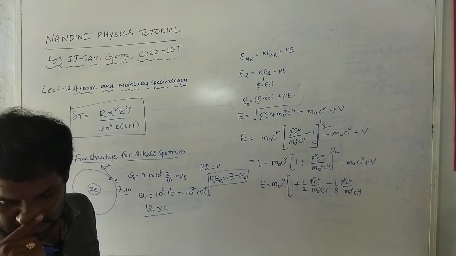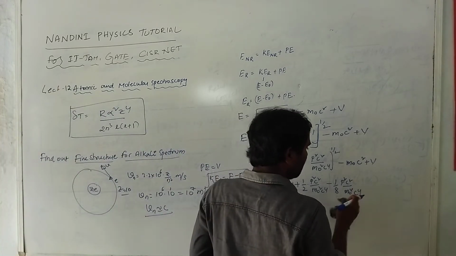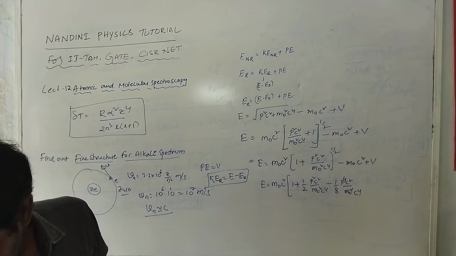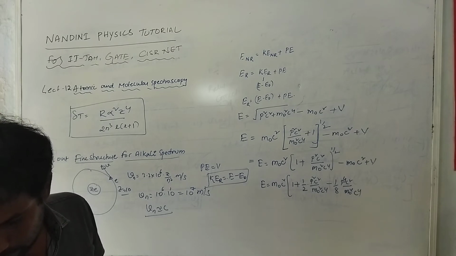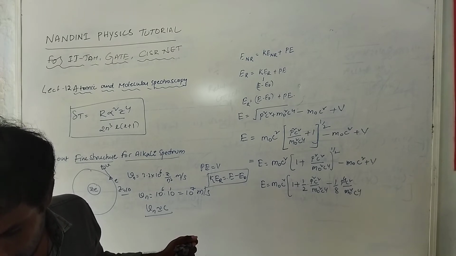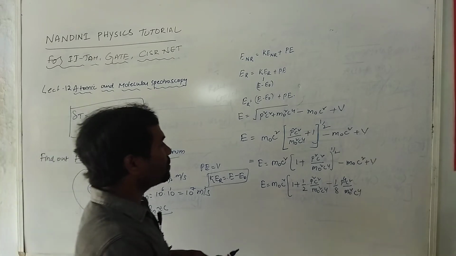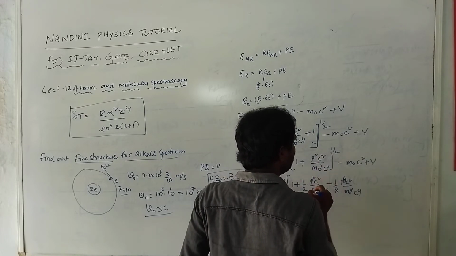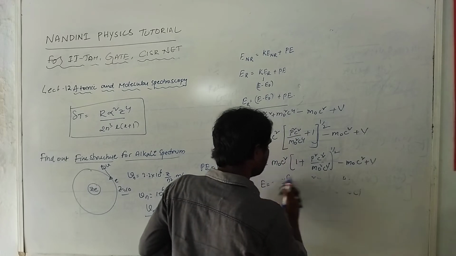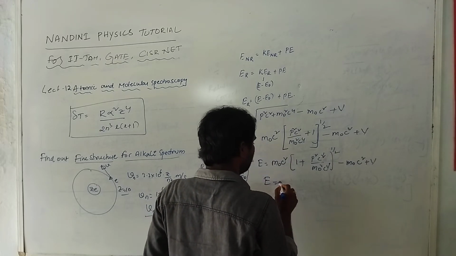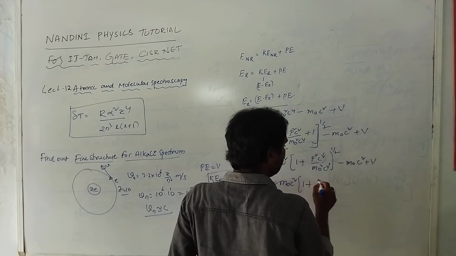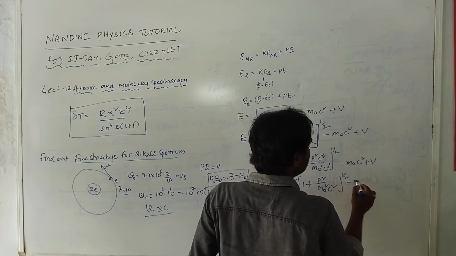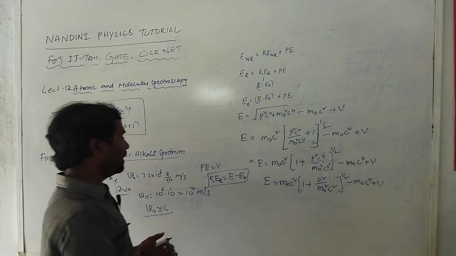Sorry, once again I made a mistake. First of all, take the cancellation here: there is a p square and c power 4 there, so cancelling, you get E is equal to m naught c square times (1 plus p square by m naught square c square) whole power 1 by 2, minus m naught c square plus V.